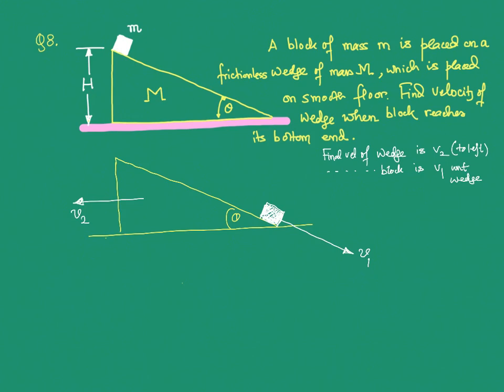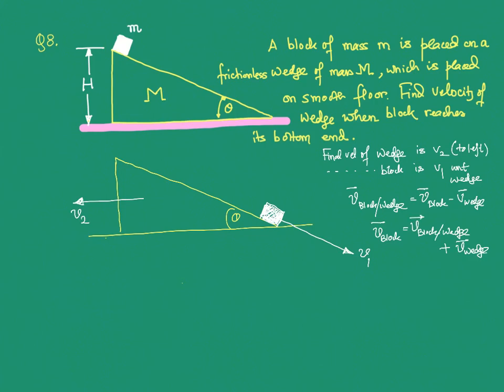So what is the absolute velocity? The velocity of the block relative to the wedge is the velocity of the block minus the velocity of the wedge. So what is the velocity of the block relative to ground? That is the velocity of the block relative to the wedge plus the velocity of the wedge.